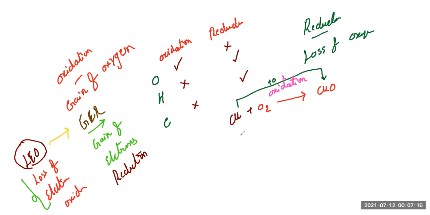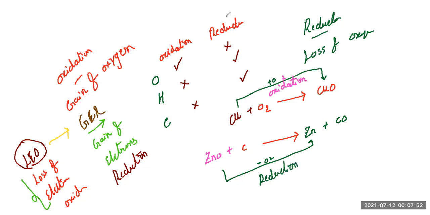Let's see one more example. Let's take zinc oxide and carbon. What's happening when zinc oxide and carbon react with each other? I'm getting zinc plus carbon monoxide. So guys, what's happening here? Just have a look. Zinc is losing an oxygen, so this is reduction.